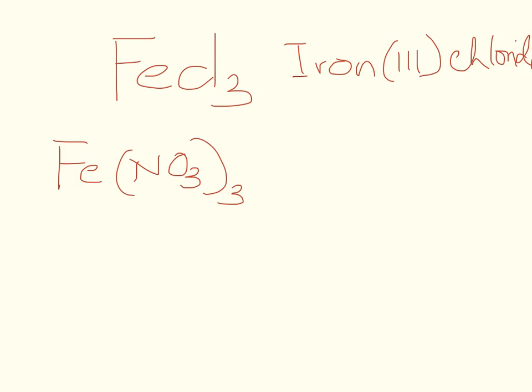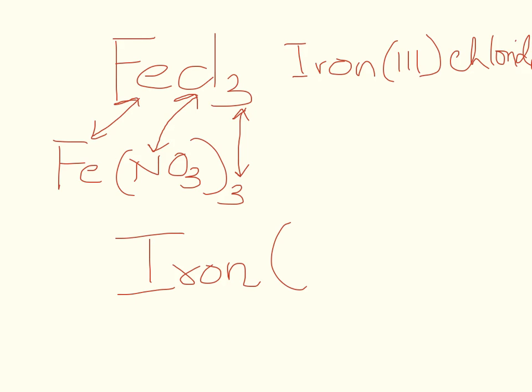What's the similarity between these two compounds? Iron in both the cases. Anion in both the cases. And there are 3 anions. So then the name of this compound in this case would be iron 3 nitrate.